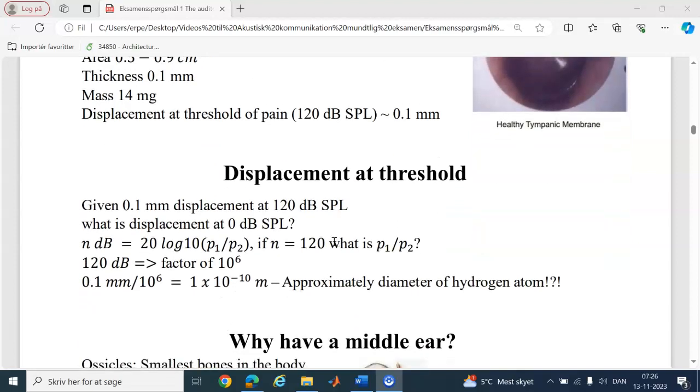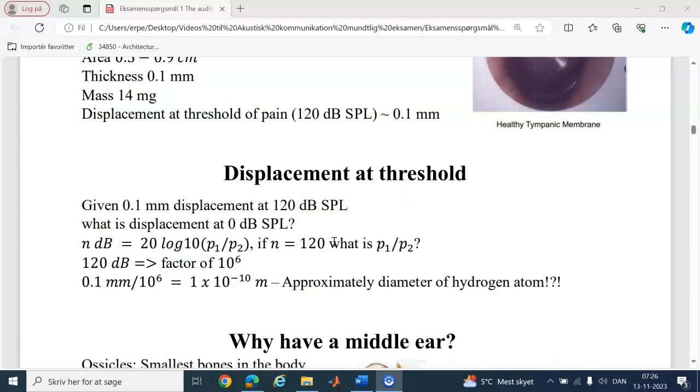You can also calculate what it is at 0 dB SPL, about the threshold of silence. Turns out that the displacement is times 10 raised to minus 10 meter. Yeah, it's a simple calculation.